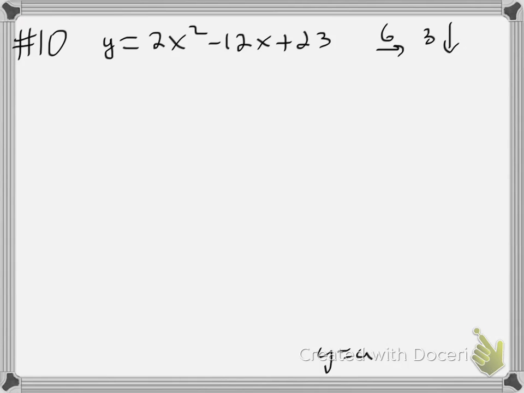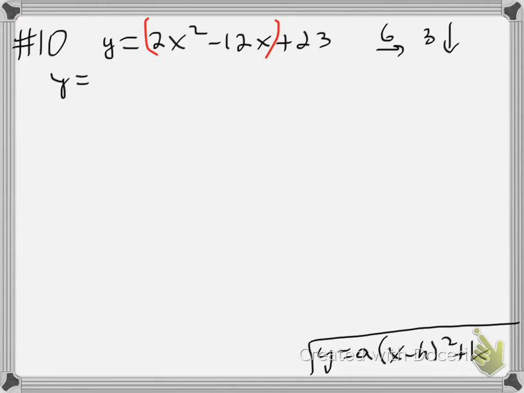We wanted it to look like this: y equals a times x minus h squared plus k. This is an a here. So we want to make it look like that, so we need to complete the square. I'm going to write y equals, group this so I can factor a 2 out, and slide the 23 over and deal with it later.